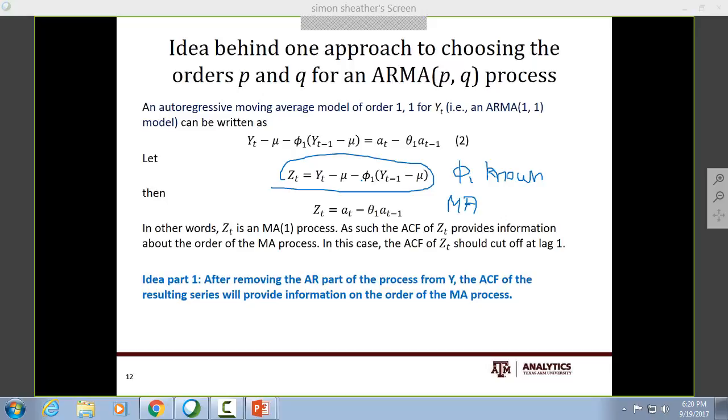So if by chance we know that it is AR(1), then we can look at the ACF of the Z piece to figure out what order of MA that is. Okay?